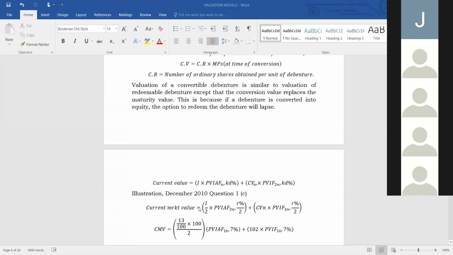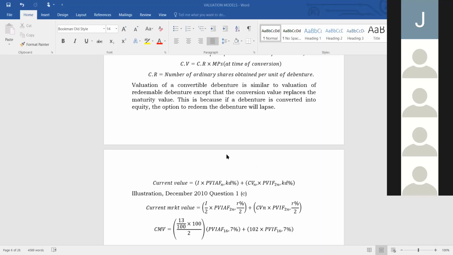Valuation of convertible bonds is the same as valuation of redeemable bonds, except that we have to replace the redemption value with the conversion value. You can see that the formula is the same as the one used to value redeemable debentures, except that now I'm talking about conversion value.